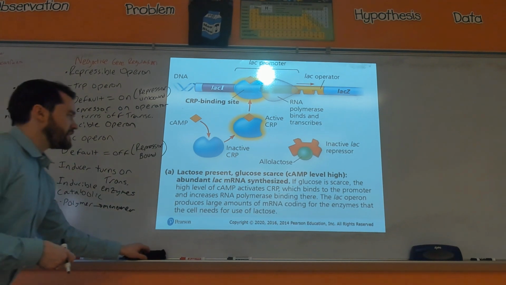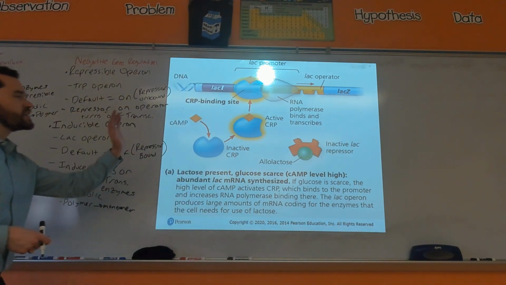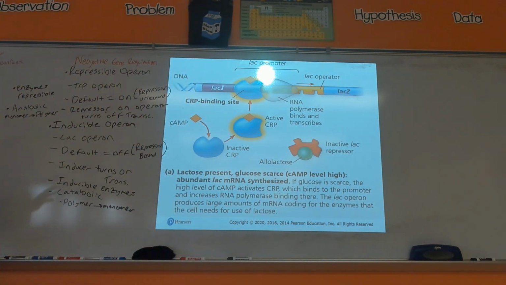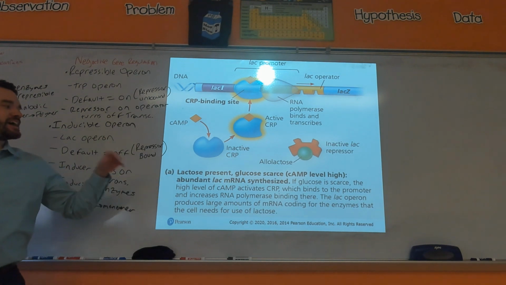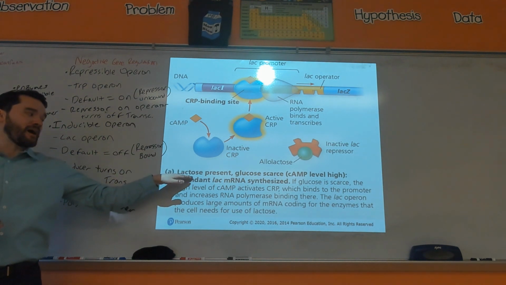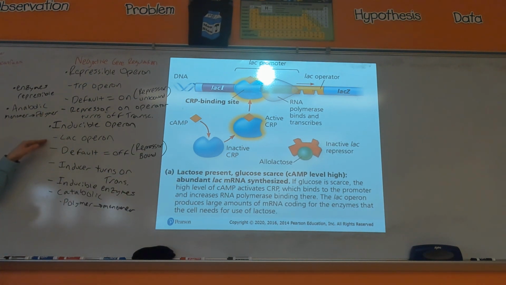Now then, looking at another interesting example here. If you're a bacteria, you would rather use glucose. We talked about glucose being used in cellular respiration. That's the most efficient form of energy for a bacteria to use. We talked about how they can use lactose to get energy, but let me give you a scenario here.